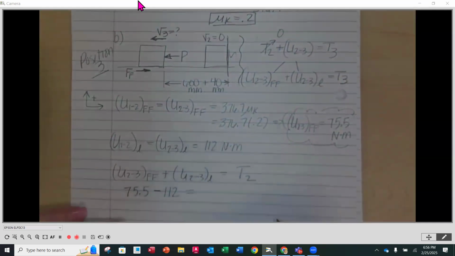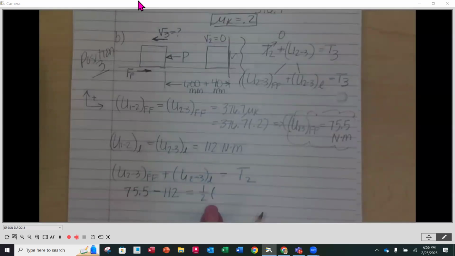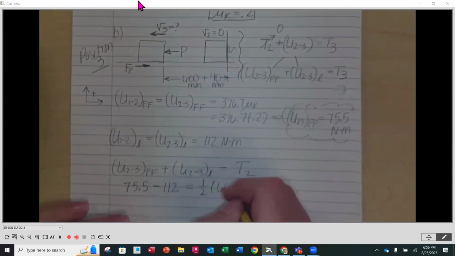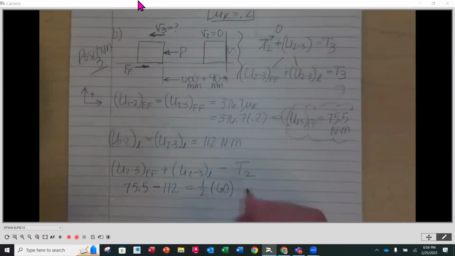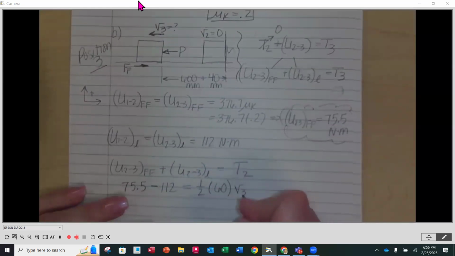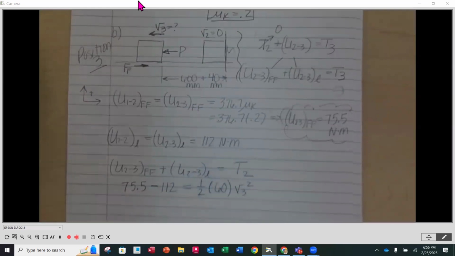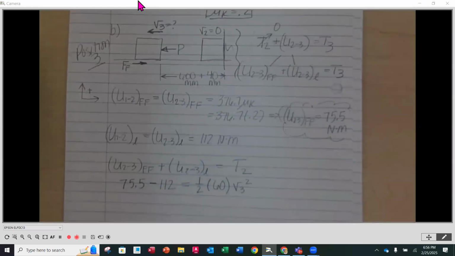It's going to be equal to our kinetic energy, which is 1/2 times the mass, 60 kilograms, multiplied by velocity 3 squared. So our only unknown here is the velocity at position 3.